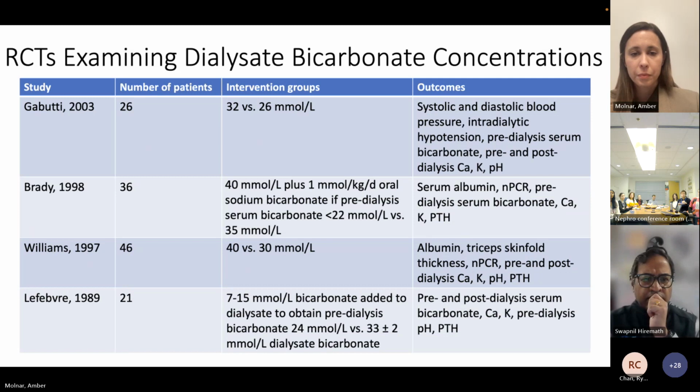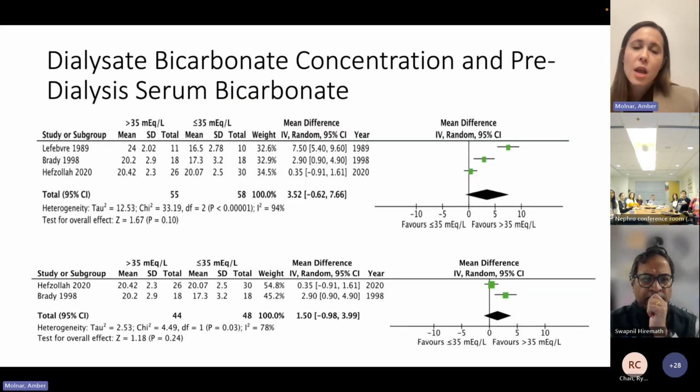So we did make an attempt to do some meta-analysis of the data, but we were limited in our ability to do so because of the differences in the intervention groups across the studies and the limited number of randomized control trials. We wanted to, however, look at the impact of the dialysate bicarbonate concentration on the pre-dialysis serum bicarbonate concentration.